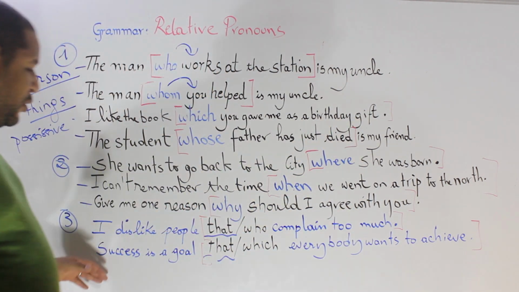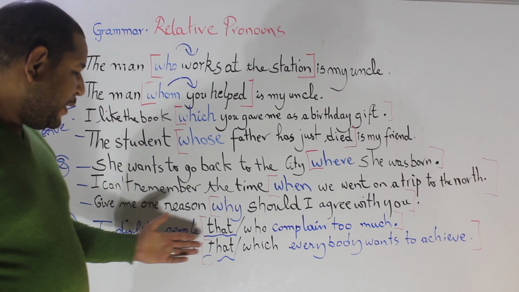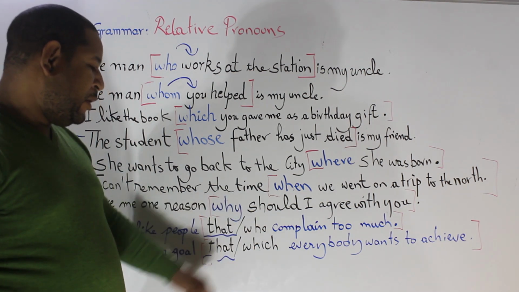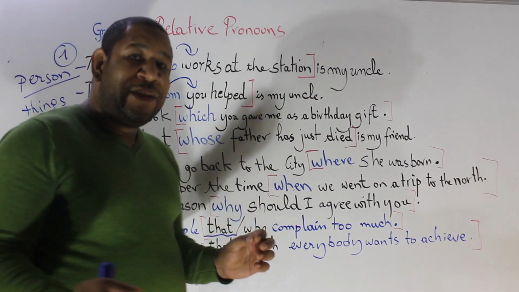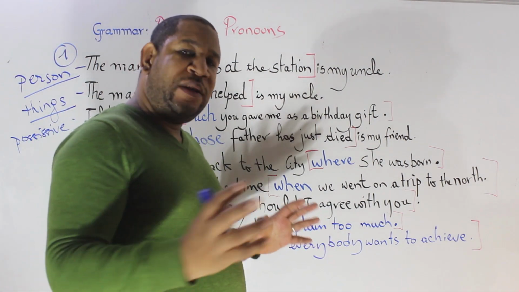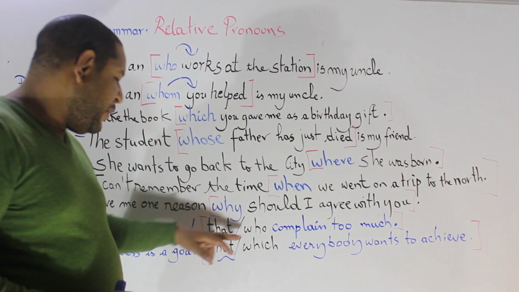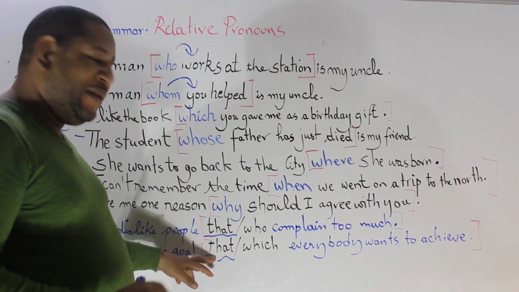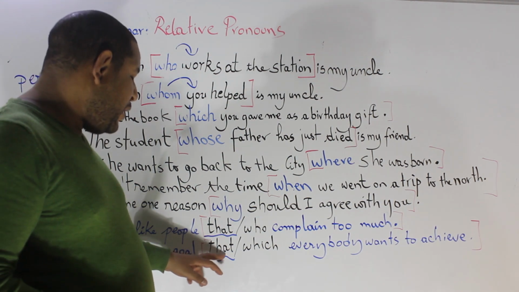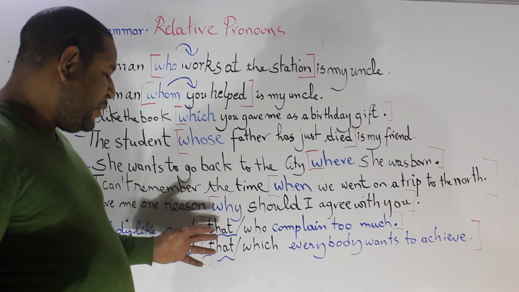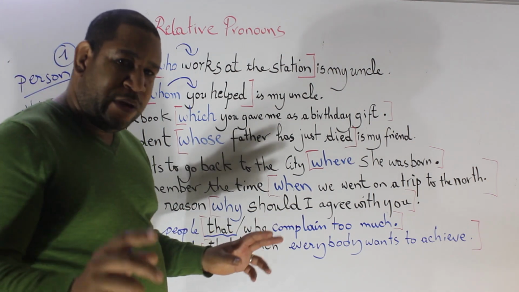Good. Now we come to that. Simply, that can replace who and it can replace which. There are small differences. I don't discuss them here. You can check my videos on the difference between that and who, and also the other video on the differences between that and which. For us, one idea I just want to tell you.